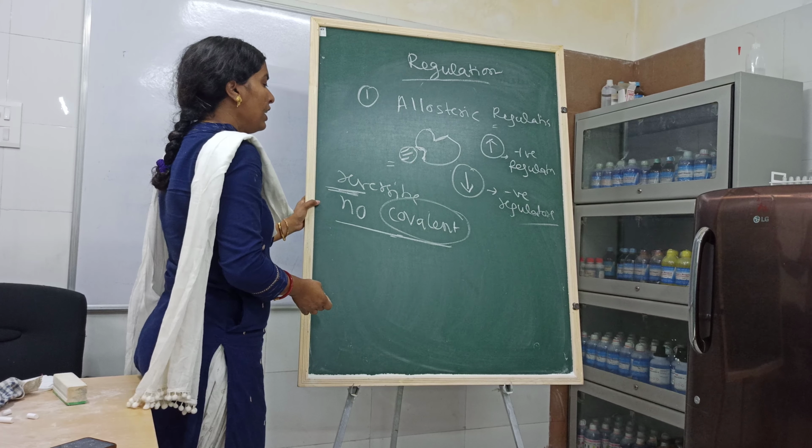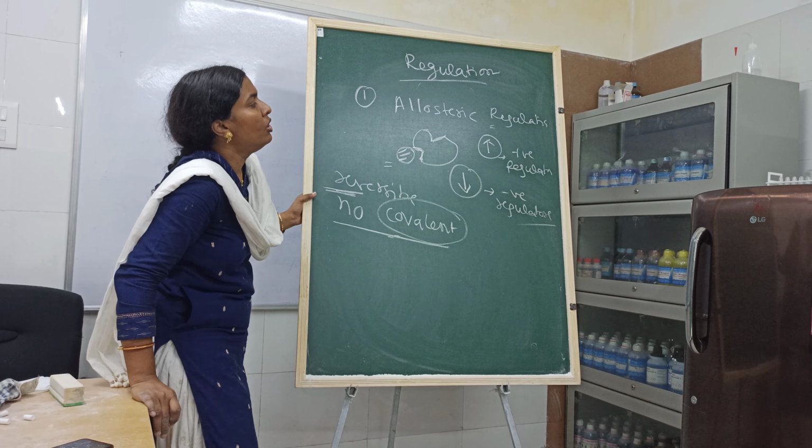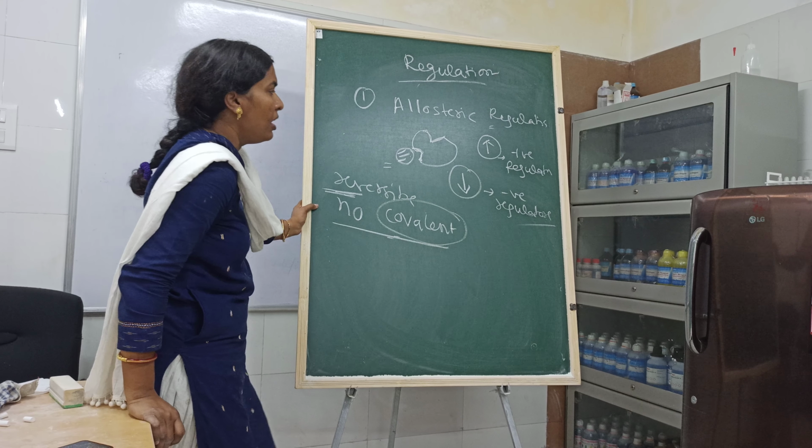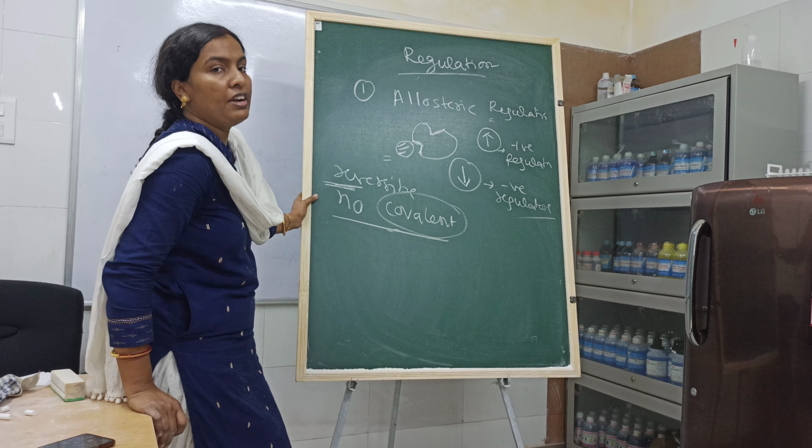The enzymes which follow this allosteric regulation, we call allosteric enzymes. These enzymes usually do not show Michaelis-Menten kinetics.